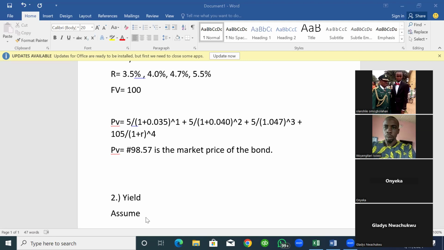So, like I said, whenever you are doing your yield and you want to assume IRR, nobody said it's compulsory. But most people say when you want to assume your first rate, your first discount factor, always make sure it is like your yield percentage. Do we have any yield percentage?